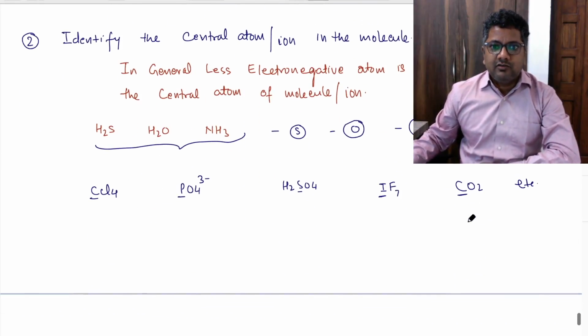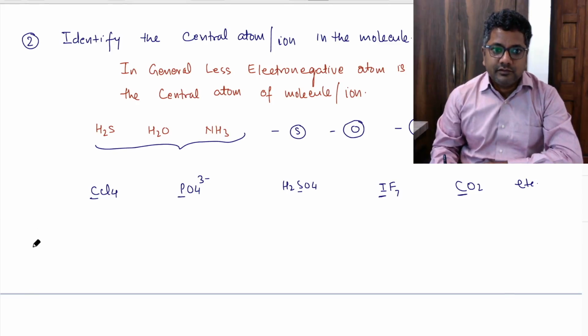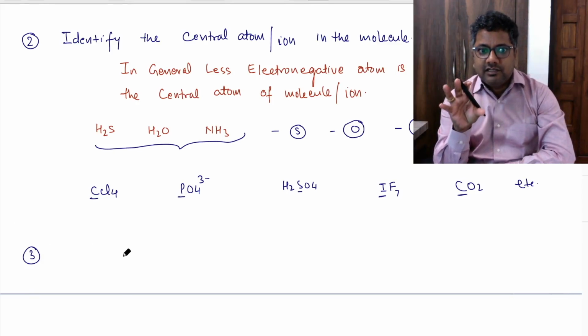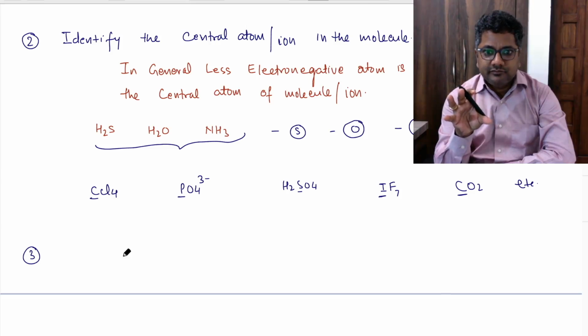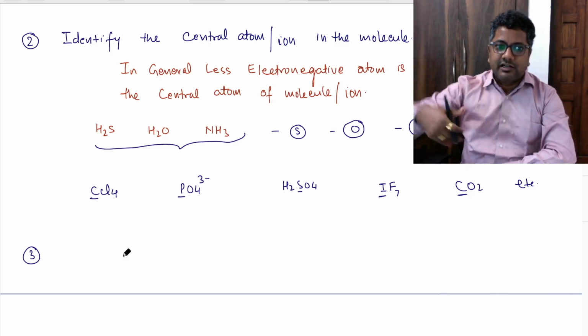Now the third point is: write the central atom symbol and then arrange the other atoms around the central atom.